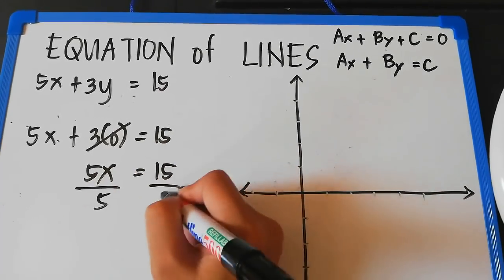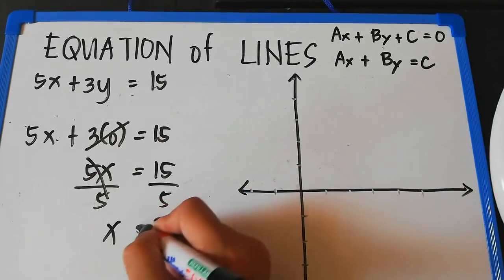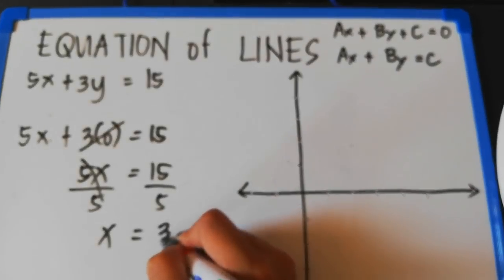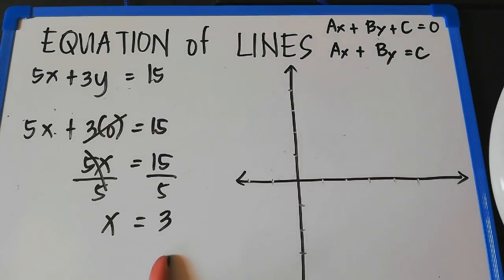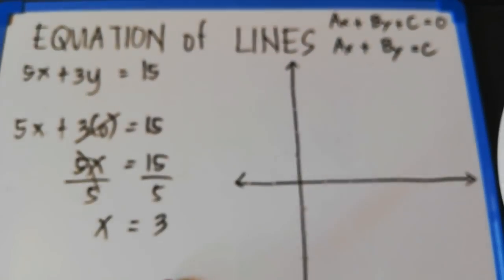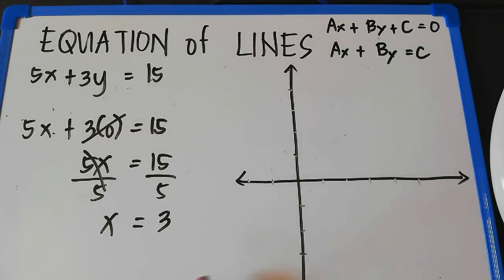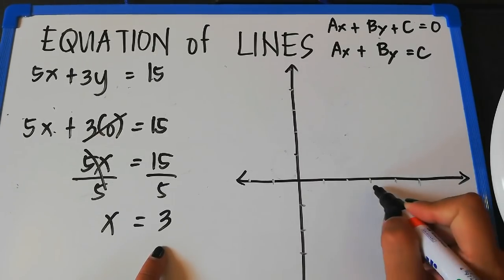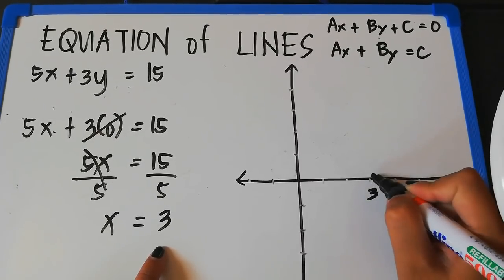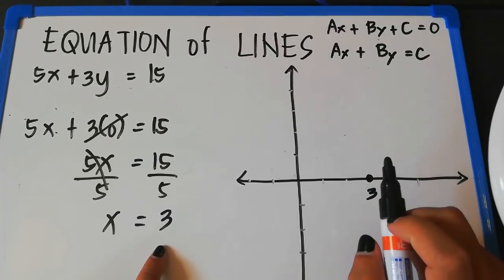Then, solving for x is equal to positive 3. So, ibig sabihin, ang ating x-intercept ay 3. Ang ating coordinates para dito ay 3, 0. And then, plotting the points, dito si 3, 0.